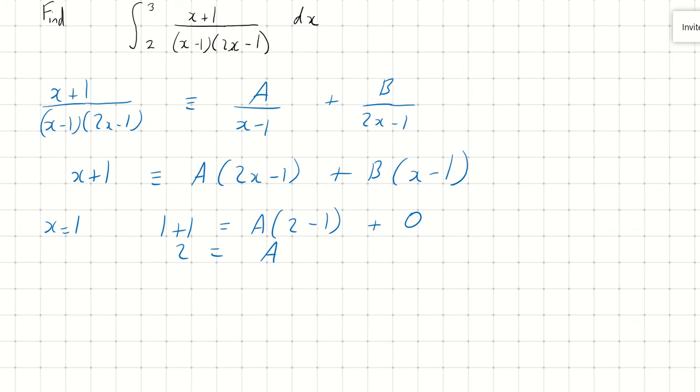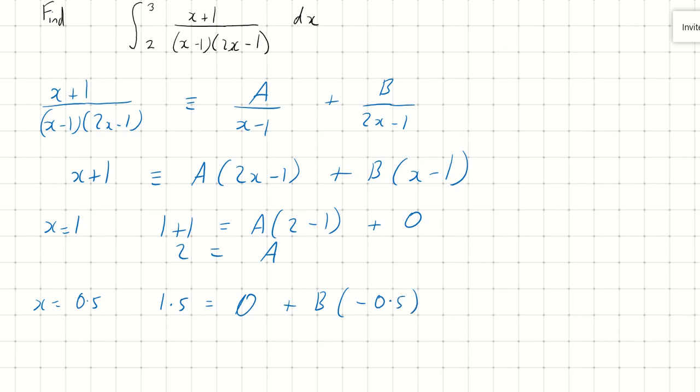To find B, we're going to now use x is a half, because that will turn the (2x - 1) bracket into 0. So again, the left hand side, x + 1 gives 1.5 equals, the first term is 0, and we get plus B times (half minus 1), which is minus a half.